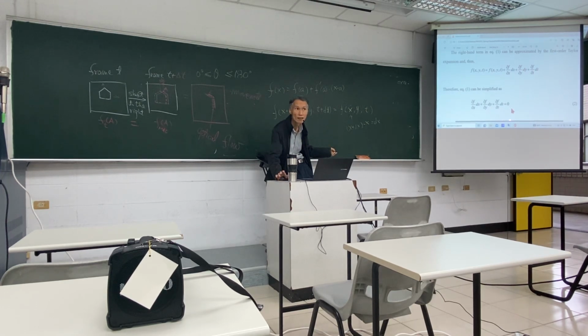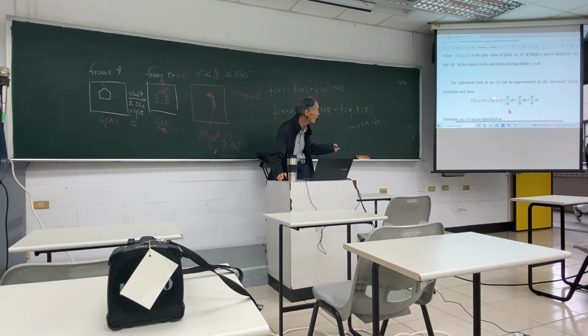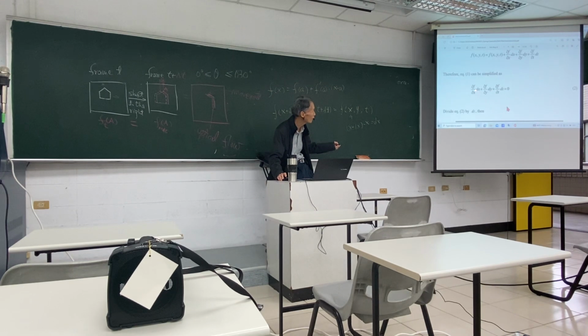Since this term is nothing but this term, and the right hand side is replaced with the first order Taylor expansion, we can cancel out these two terms. So what is retained is this term, and we divide this whole equation by dt.